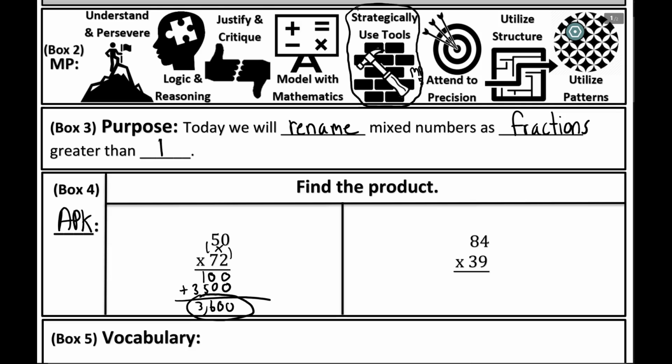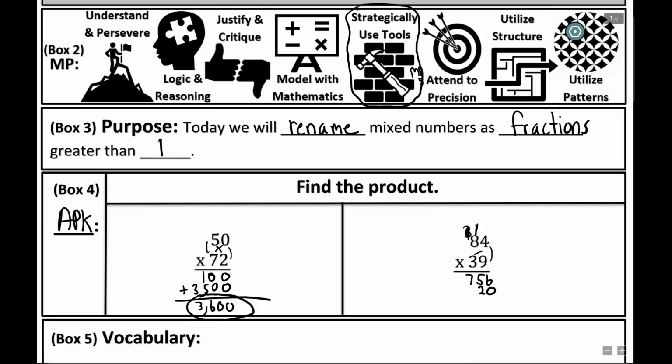Going into our next APK problem, I have 84 times 39. I'm going to multiply the 9 times the 4, put the 6, and then the 3 on top. 9 times 8 is 72, plus the 3 is 75. Put the placeholder right underneath the 6. Then I go 3 times 4. That's going to be 12, so I put the 2. Cross out this 3 so I don't get confused with it.